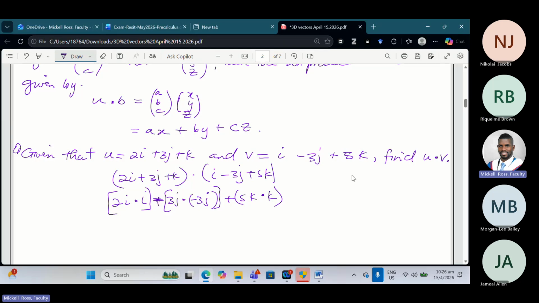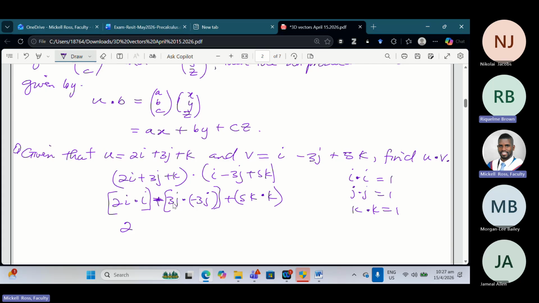All right, one of the things we need to know is that I times I is equal to 1, j times j is equal to 1, and k times k is equal to 1. So this is going to give you 2I squared, which is the same as I times I, so this is basically 2, because I times I is 1.